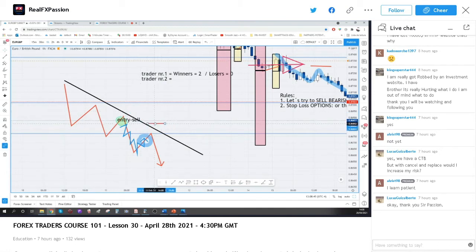So even though the market changed the short-term trend from making lower lows, lower highs, to making higher highs, higher lows, even though the market is changing the short-term trend, the market is moving, waving from extension into retracement. We are still in a downtrend.